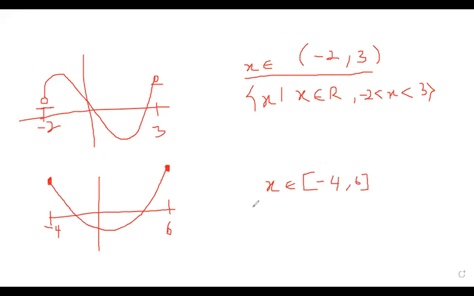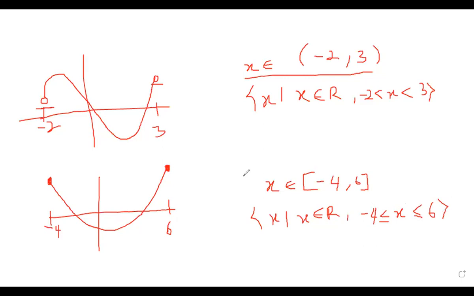And let's write in the set builder notation. x is such that x belongs to real numbers, -4 less than or equal to x, less than or equal to positive 6. Good. So this is how we find the set builder notation.